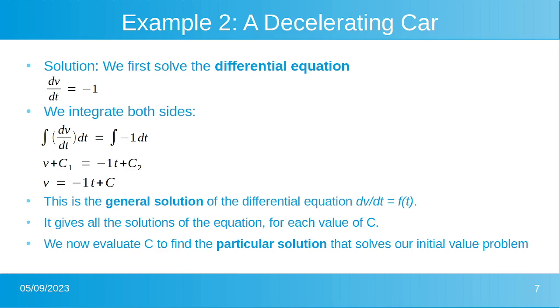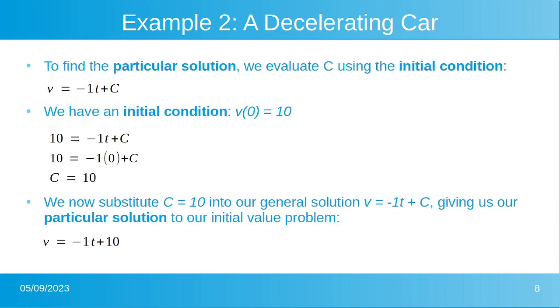We now evaluate c to find a particular solution that solves our initial value problem. To find the particular solution, we evaluate c using the initial condition. Our general solution to our differential equation is v equals -1t plus c.